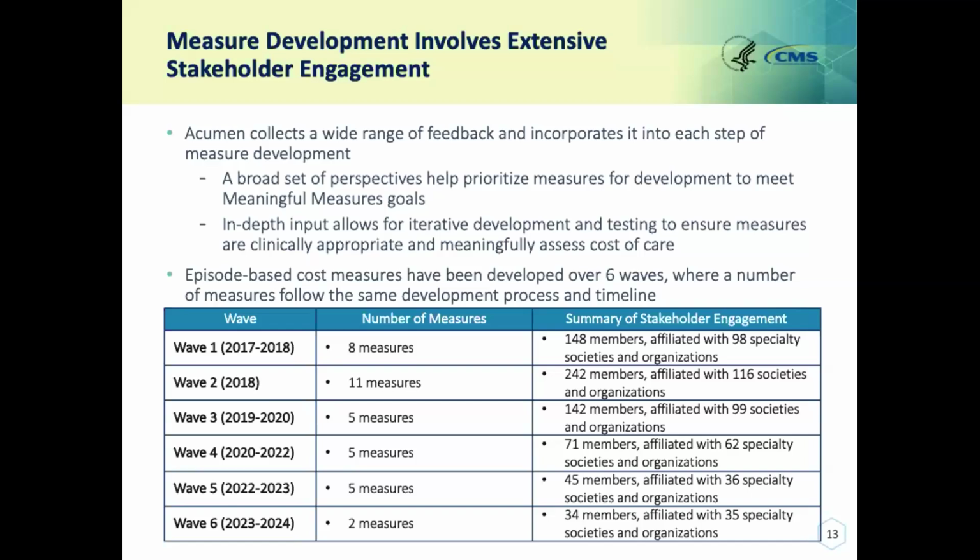And so we've been convening expert panels since 2017, and we're now in wave 6 of development, which began last year. And this wave involves input from over 34 members across 35 specialty societies and organizations. But across all 6 waves of development, we've worked with hundreds of members of affiliated specialty societies, professional associations, and other organizations. Next slide, please.